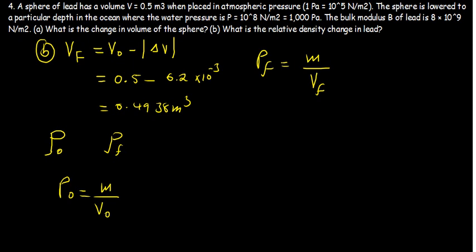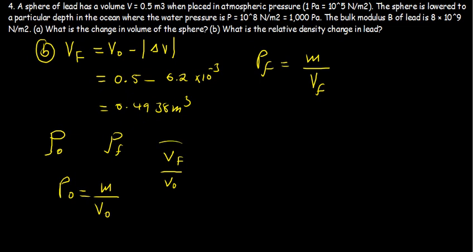Now we know the final volume, and of course we know the mass. So what we are going to do here is express this volume in terms of the initial volume. How are we able to do that? The final volume, we are going to divide by the initial volume. This is what we call relative.